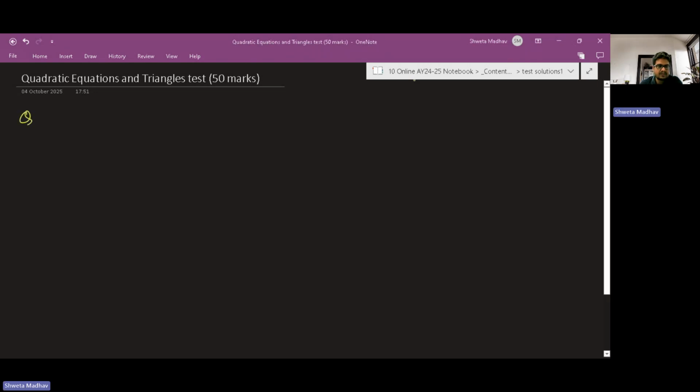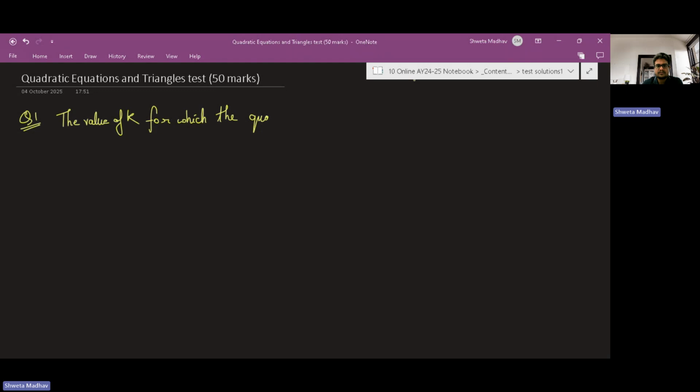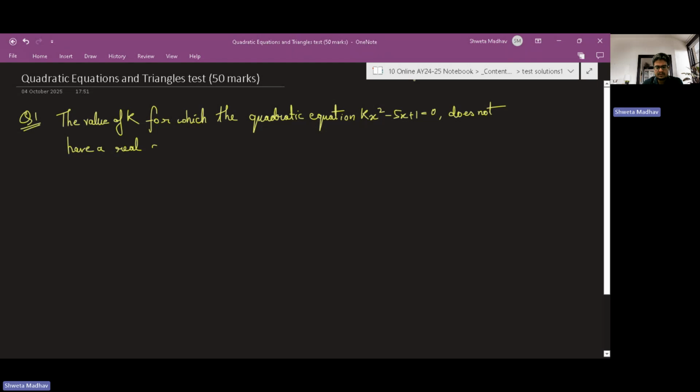So here the first question, it has been told that the value of k for which the quadratic equation kx square minus 5x plus 1 equals to 0 does not have a real solution is.